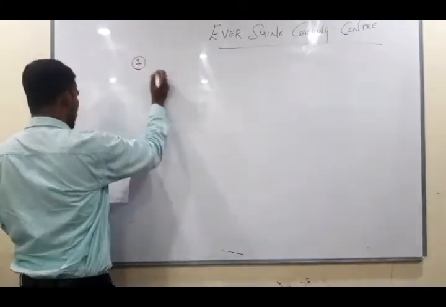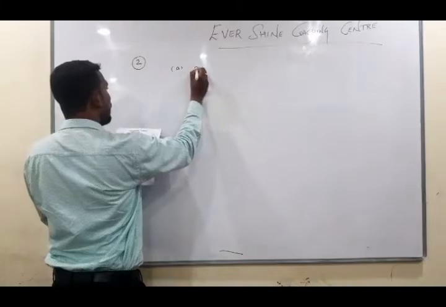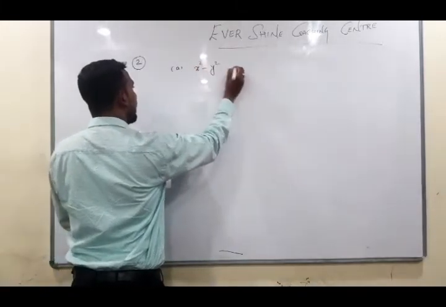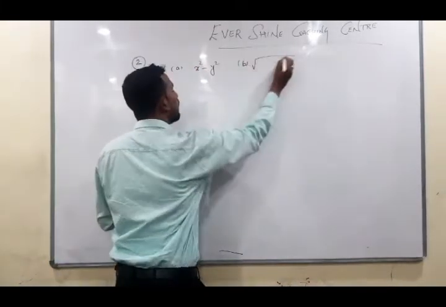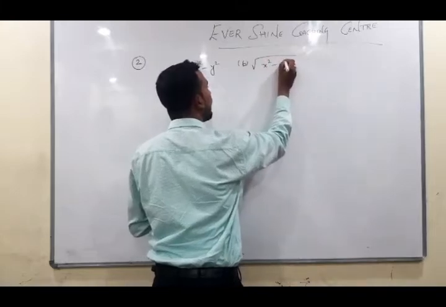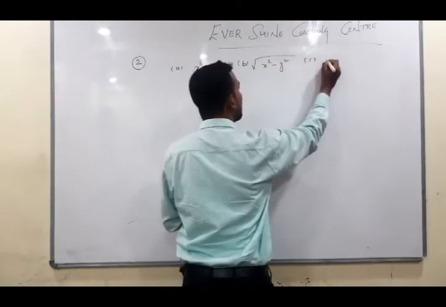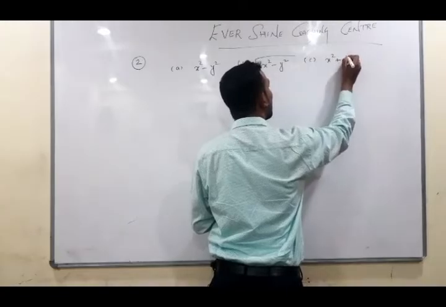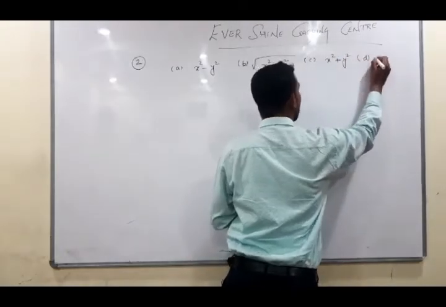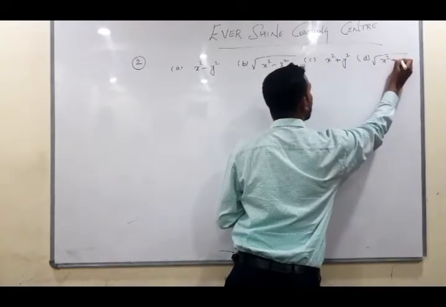Option A, x square minus y square, option B, root of x square minus y square, option C, x square plus y square, option D, root of x square plus y square.